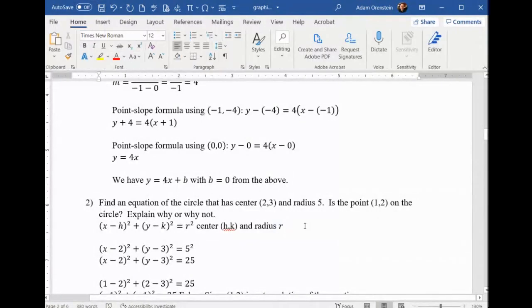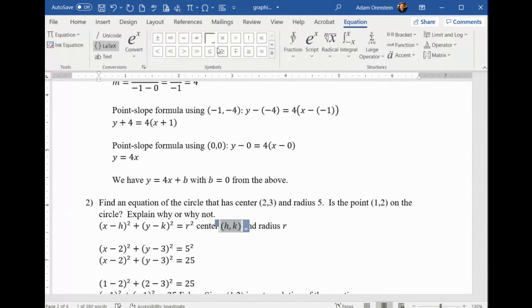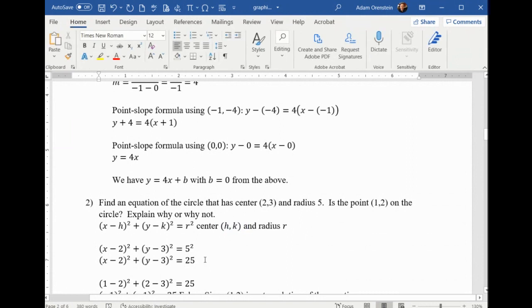But now, since the center is going to be 2, 3, essentially here, your h is going to be 2 and your k is going to be 3. Because again, the center is 2, 3. So we take h to be 2, k to be 3, and r, of course, is 5, so we just plug it in. And this is what we get down here.